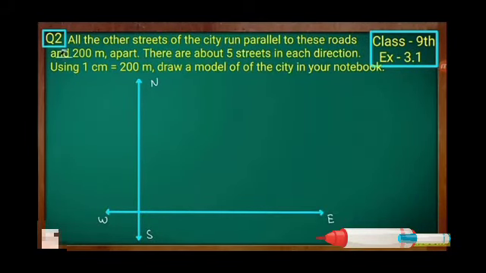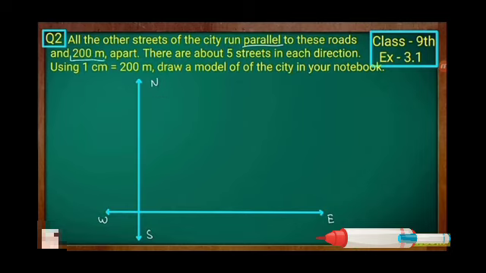All the other streets of the city run parallel to this road and are 200 meters apart. There are 5 streets in each direction. Here 1 centimeter is equal to 200 meters. So here is the model of the road.